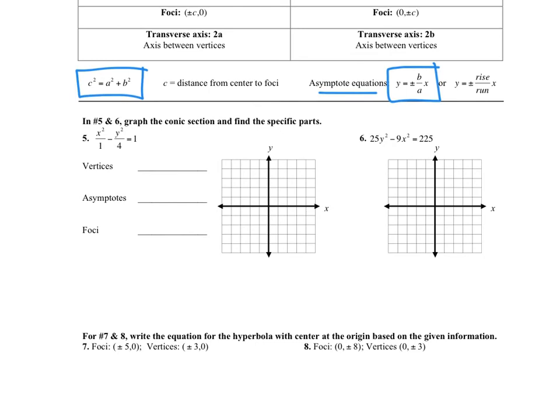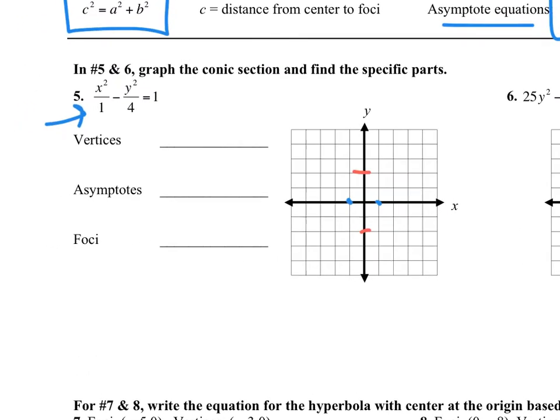All right, so here we go. Vertices. So these are still centered at the origin. Our vertices would be left and right a distance of 1 because x is first. Then we would go up and down a distance of 2. Let me zoom in a little bit.